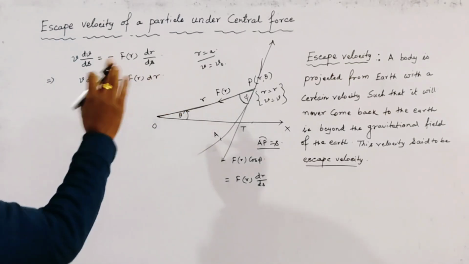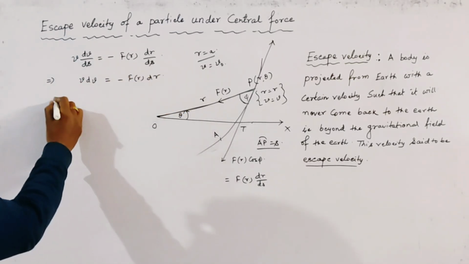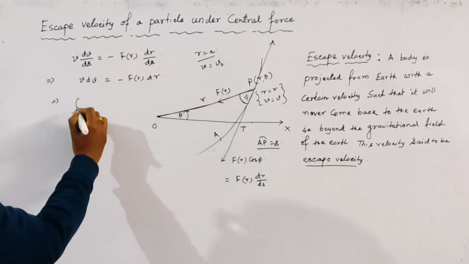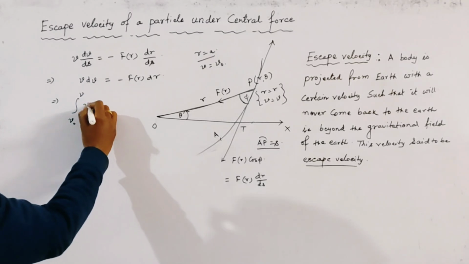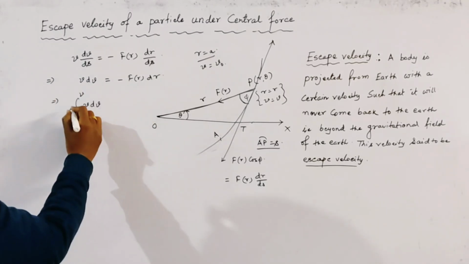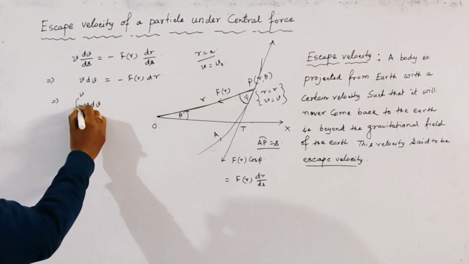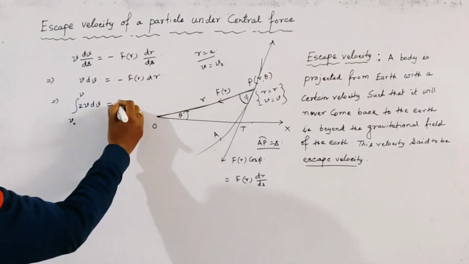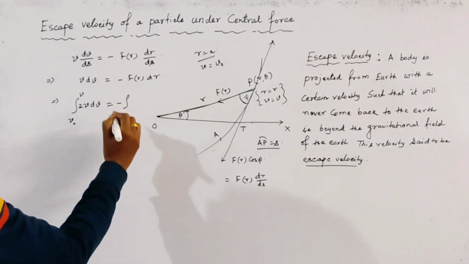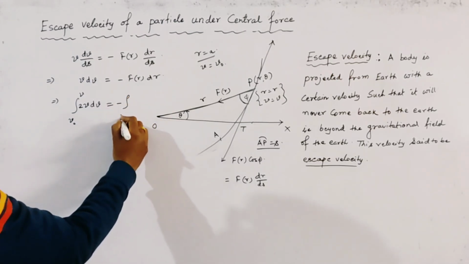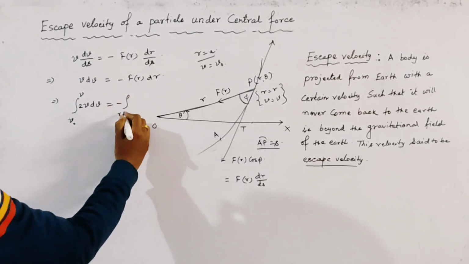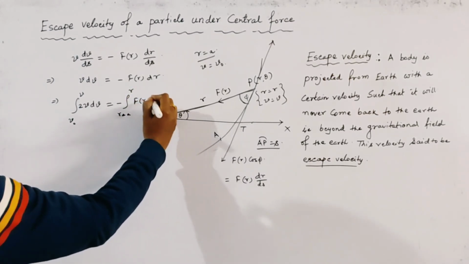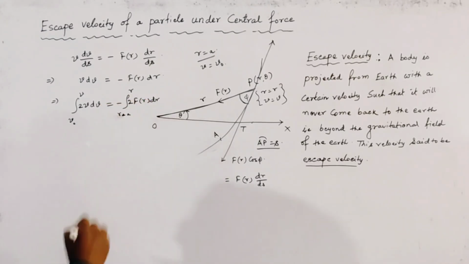So we integrate both sides over the range: v0 to v for v dv, and if we multiply the left side by 2 then we also multiply the right side by 2, giving minus the integral from r equal to a to r of 2 f(r) dr.